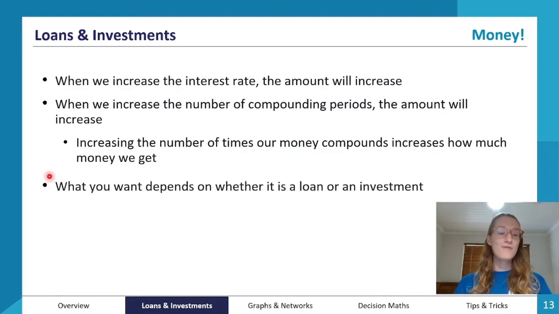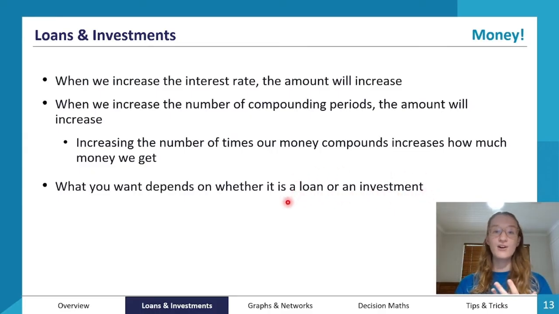And this is what I said before, and this is a very, very important thing to take note of, and something that's going to be really important in a lot of the questions that you get asked. Whether you want a higher or lower interest rate, or more or less compounds per year, depends entirely on whether it's a loan or an investment.